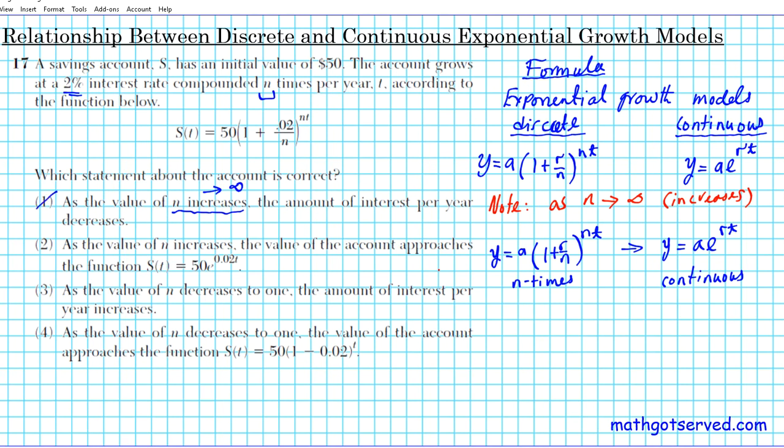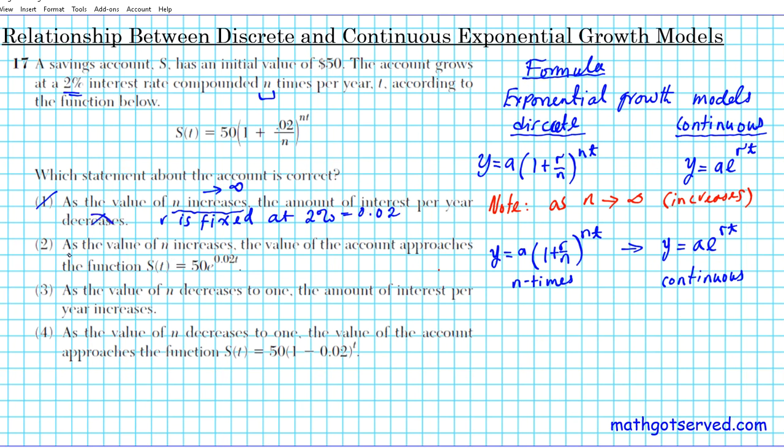So this is false, because the rate r is fixed. The rate is independent of n. No matter how big or small n is, the rate is fixed at 2%, which is equal to 0.02. Whichever equation you use, the rate value is fixed. So this statement is incorrect because the rate doesn't change.